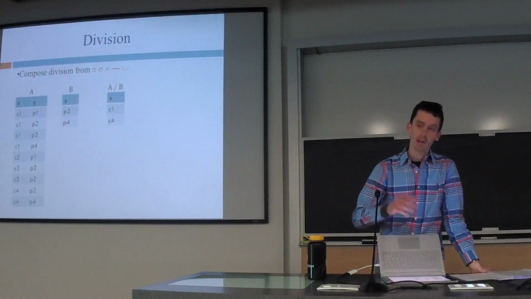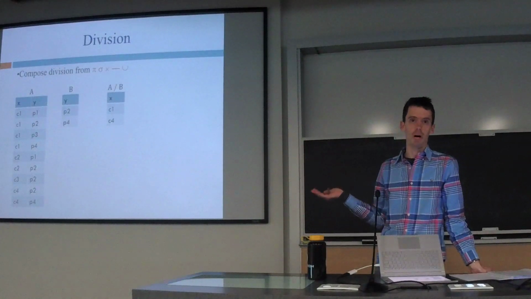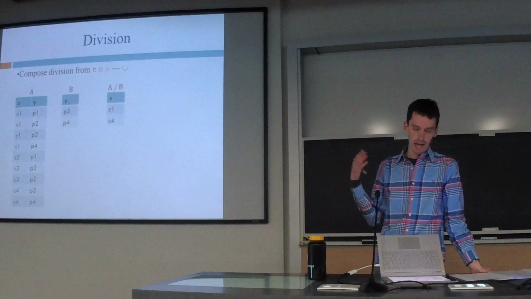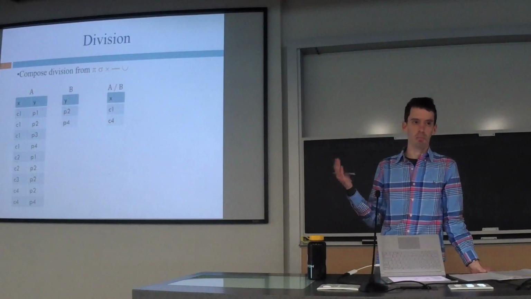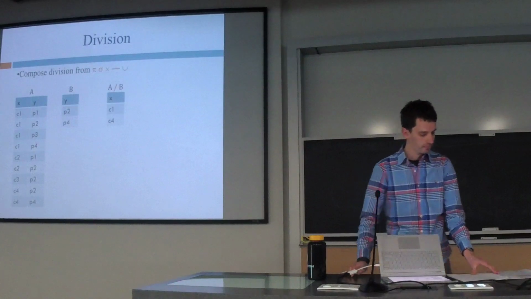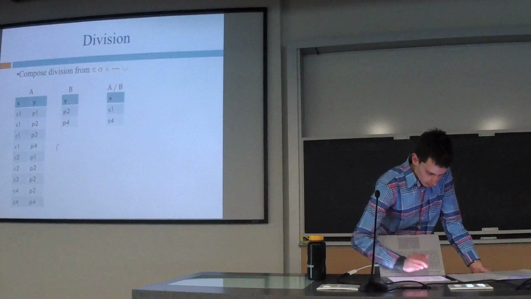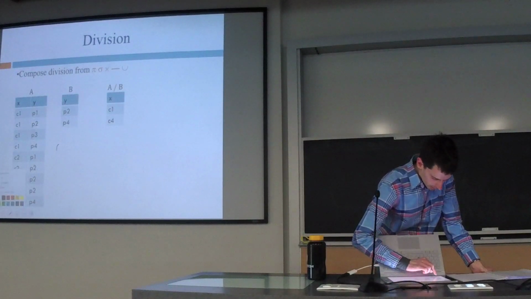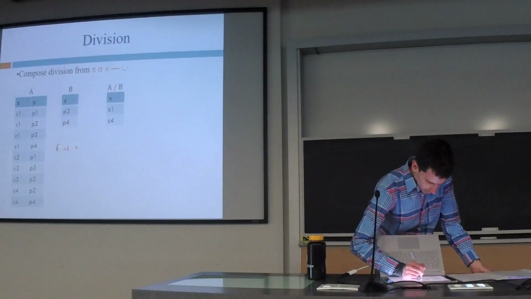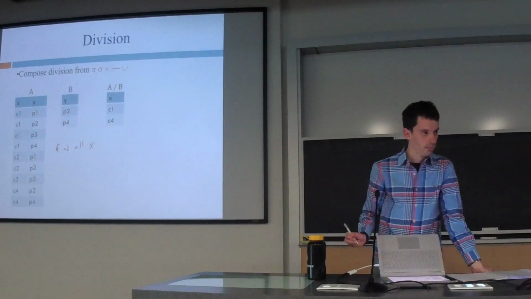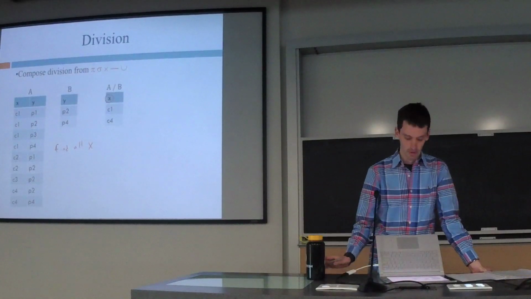So, in terms of these operators and in terms of A, B, X, and Y: A and B are the relations, X and Y make up parts of their schemas. So what we want is to find all X, because all we want in the answer is X's.